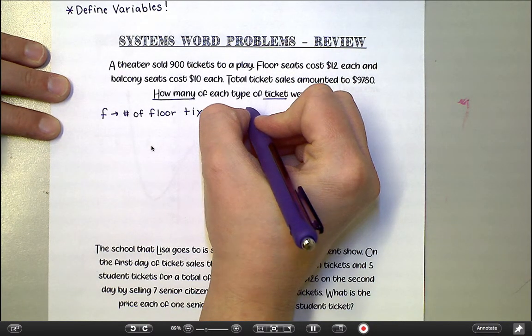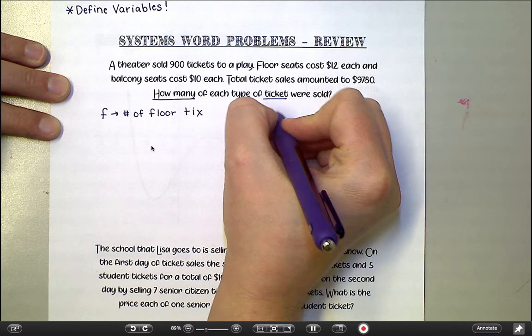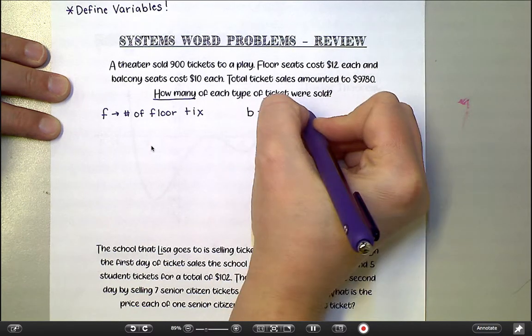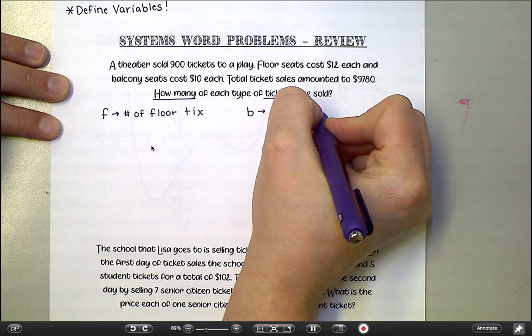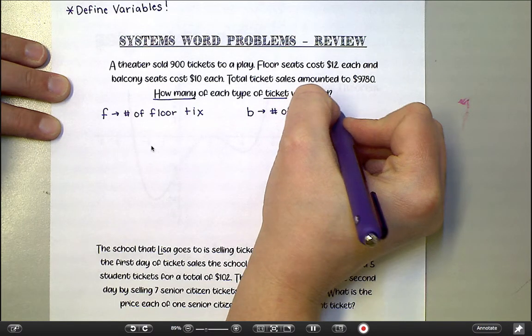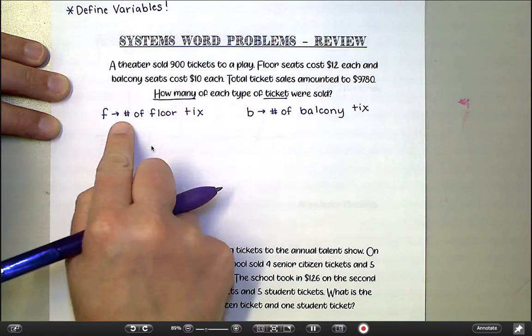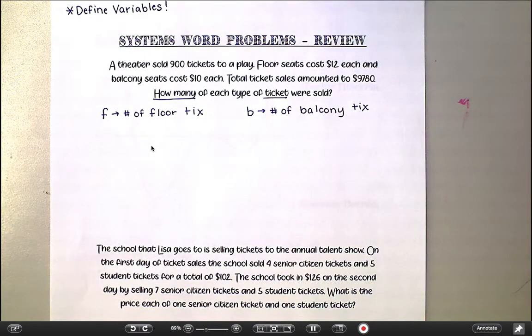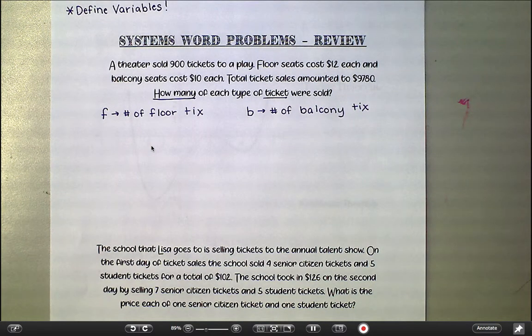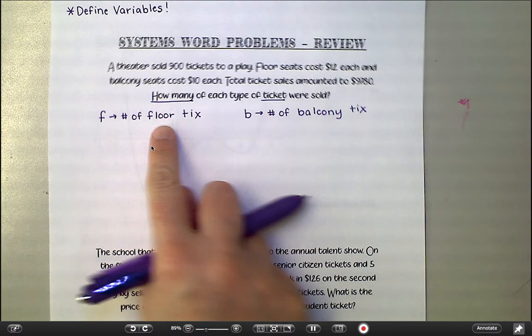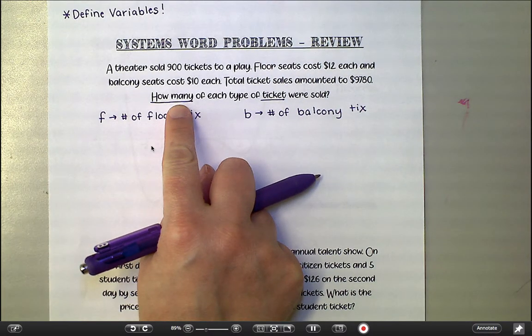B. So I'm going to let B represent my number of balcony tickets. And it's important that I specify that it's the number of tickets, because there's going to be some situations where it's not the number of tickets, it's the cost of the ticket, or it's the number of people, or there's lots of different things that these variables could represent. So you want to make sure you're setting up your variables to answer your question.